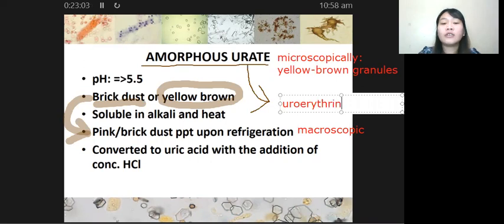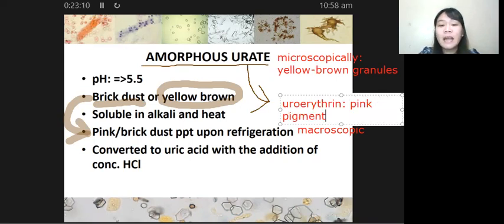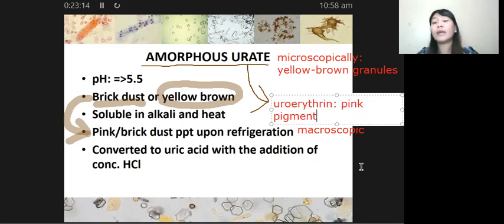Take note that your uroerythrin is a pink pigment that has a high affinity to your amorphous urates. This means they stick to our amorphous urate. And when your amorphous urate precipitates during refrigeration, you will really see a pink brick dust precipitate. That is its appearance.